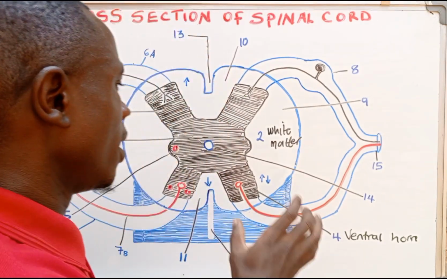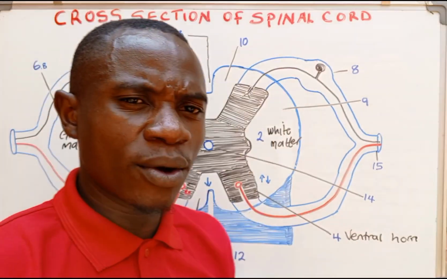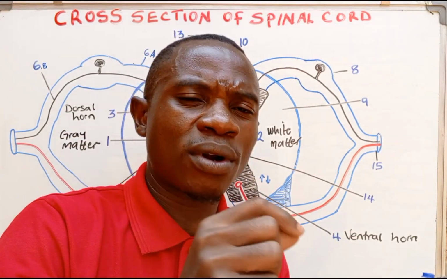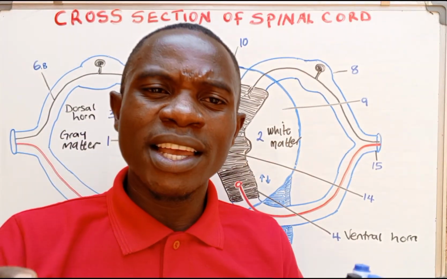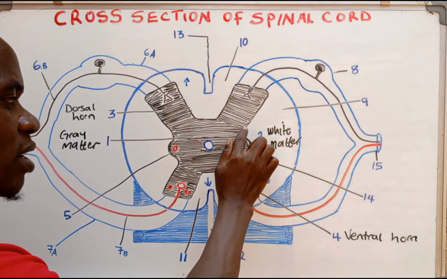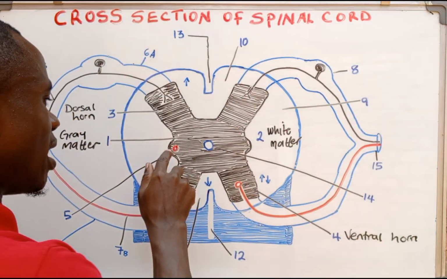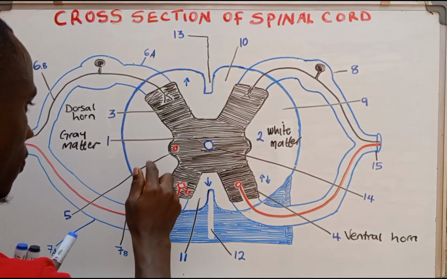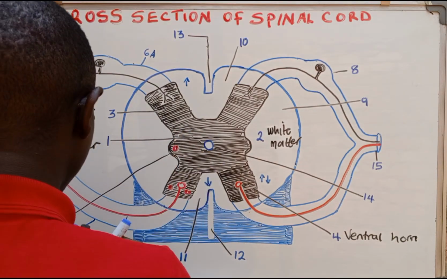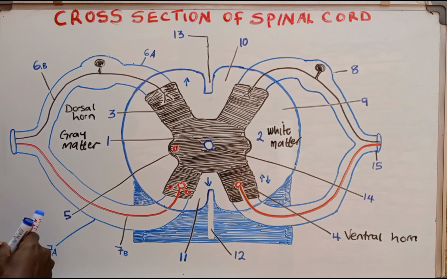The sympathetic nervous system on the spinal cord comes out from the thoracolumbar region. It means that these bulbar structures in the cervical region, we may not see them. So how do we call this structure? This bulbar structure, part of the gray matter, is what we call the lateral horn.